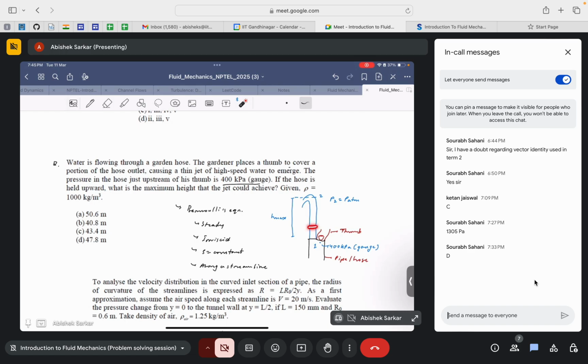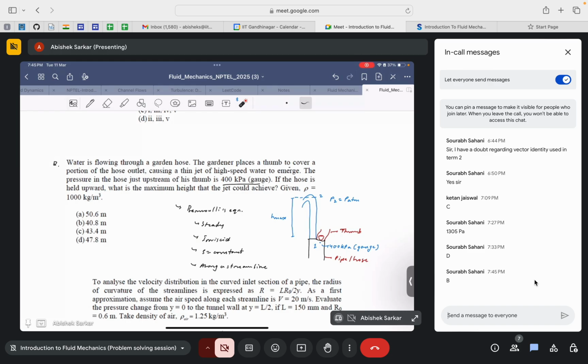More or less the velocity of the fluid will remain constant throughout this jet, and of course will reduce as it goes up and reaches a maximum height. So there is no velocity gradient because of the presence of any walls, so we can say the flow is essentially inviscid. You need to write these assumptions very specifically for the examiner to know that you are implementing Bernoulli's equation because of these things.